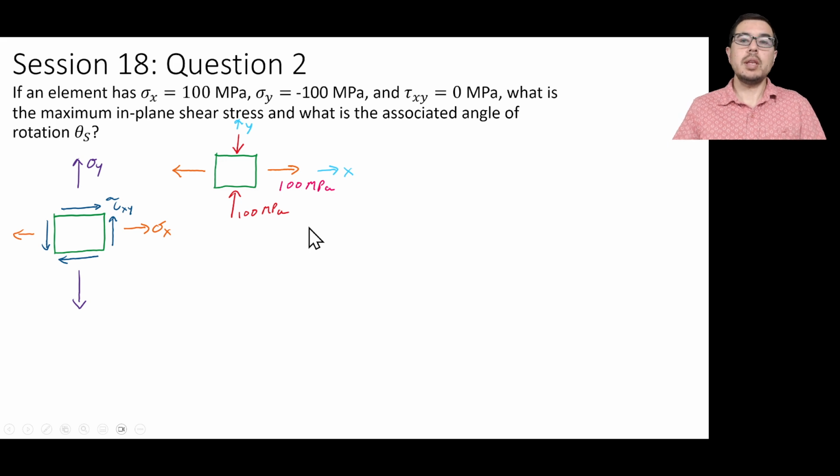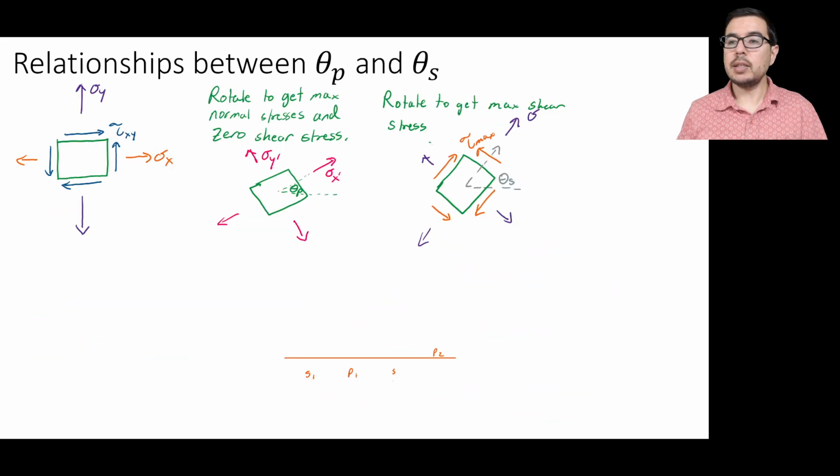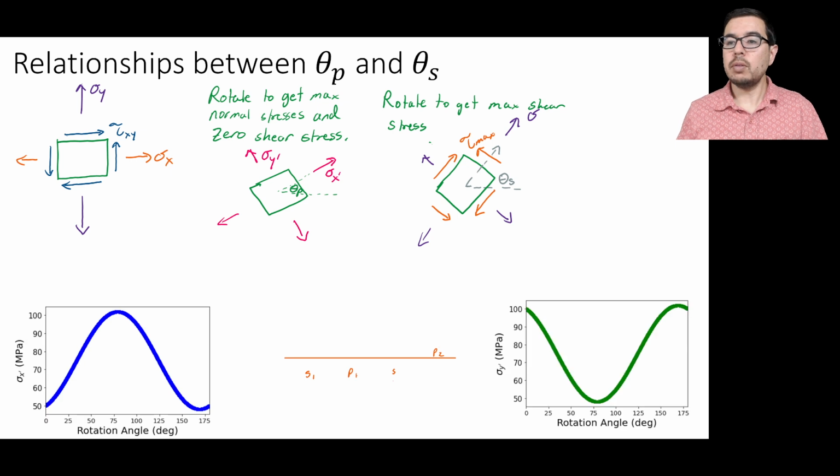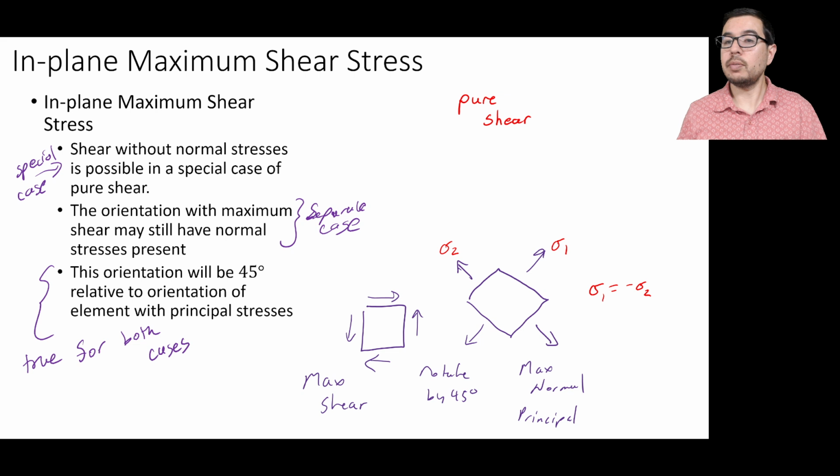If we were to go back and take a look at what we discussed in class, we would find that when we have a sigma 1 equal to a minus sigma 2, think about it. This is a state of principal stresses.